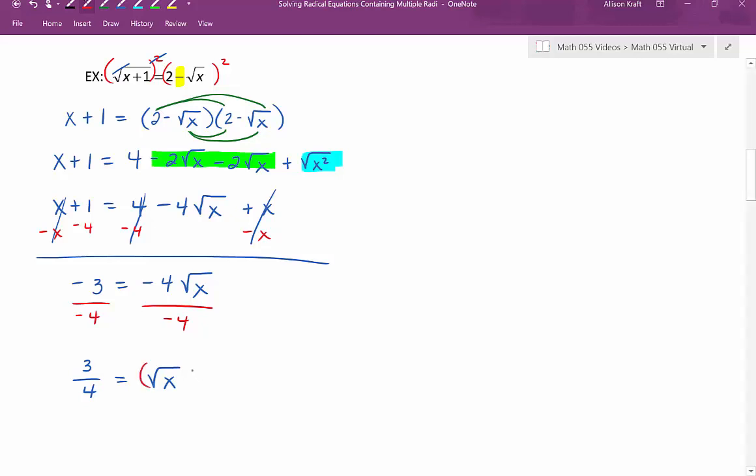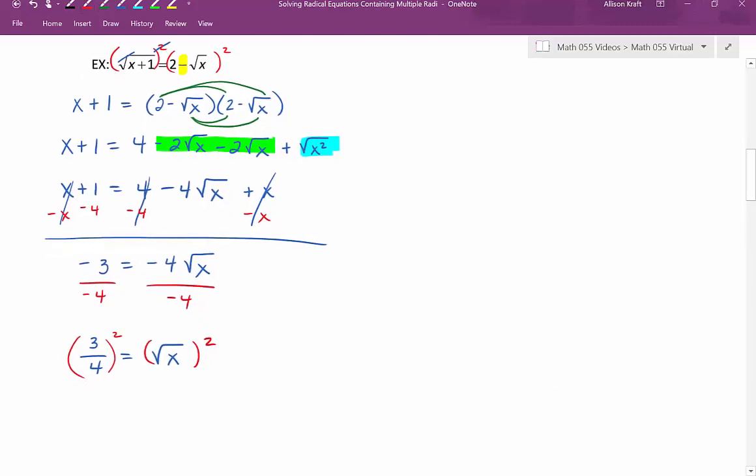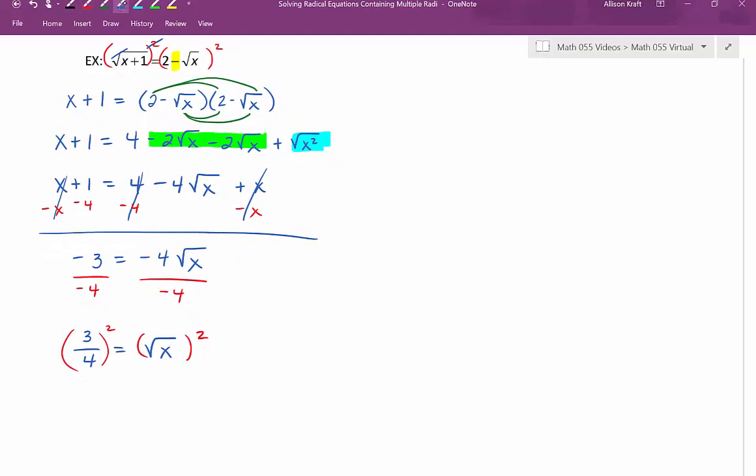It's a square root, so we square. And whatever we do to one side, we know we have to do to the other side. On the left, the square and the square root cancel out, leaving us with just x. And on the other side, squaring 3/4, we get 9/16. Our solution is x equals 9/16.